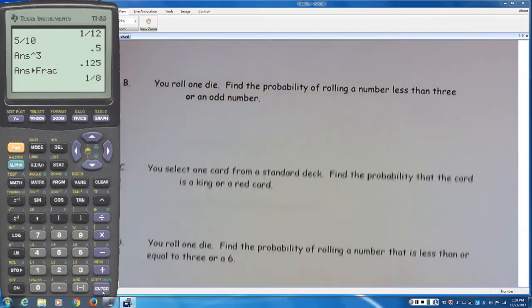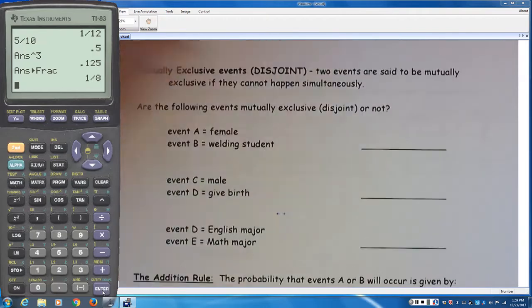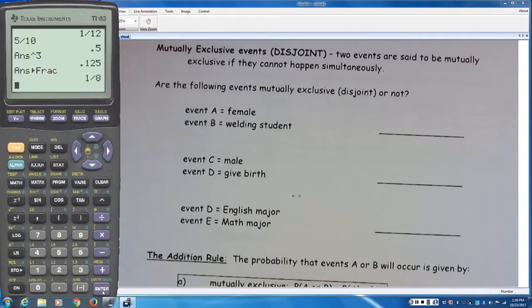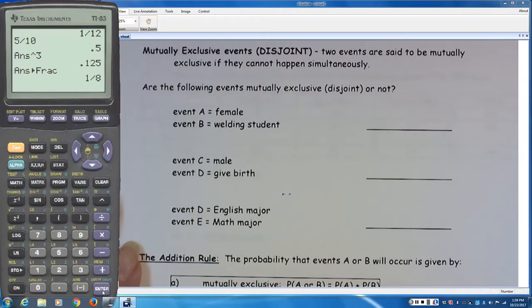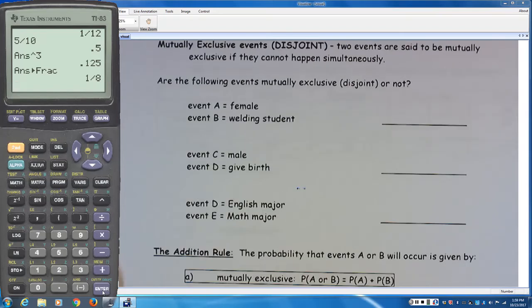Okay, we're going to talk about 2 different words now. Please do not get these confused with independent and dependent, because they do not mean the same thing.